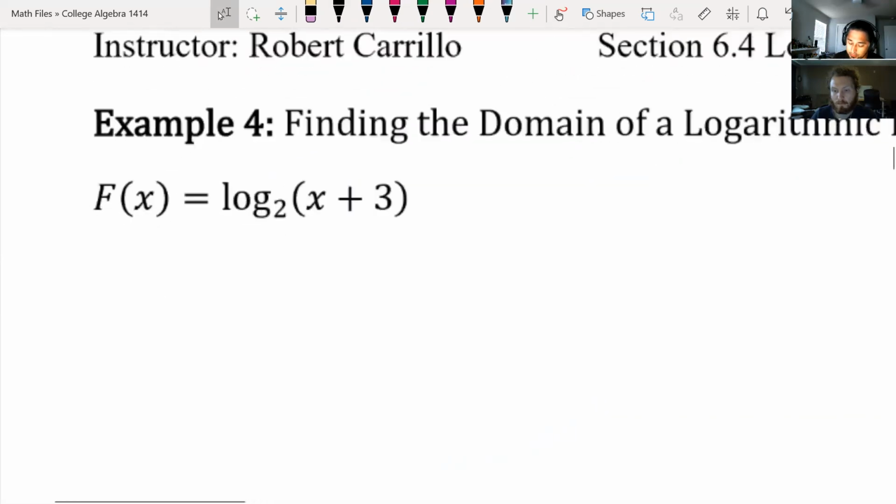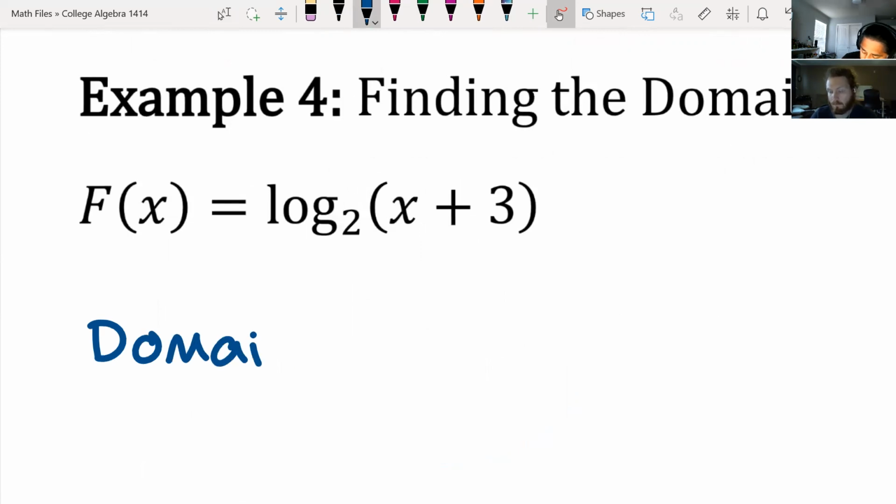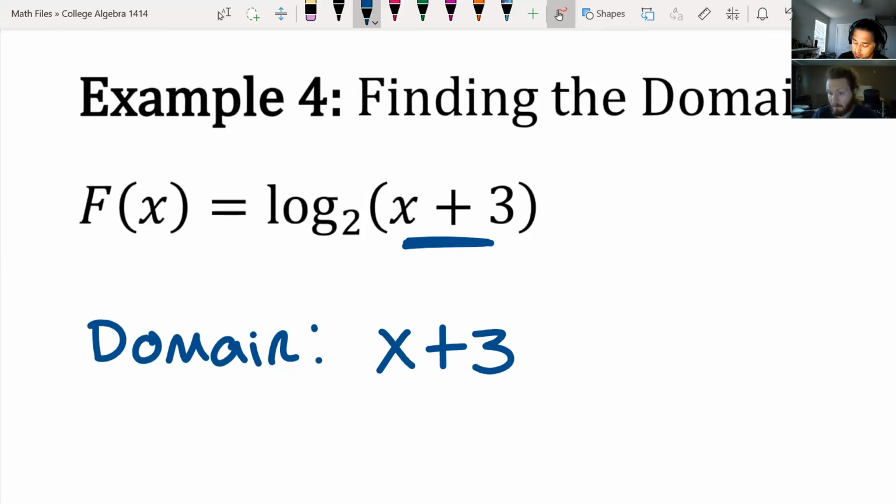So for number 4, you have f of x equals log base 2 of x plus 3. To find the domain of a logarithmic function, we take whatever's inside the log and set it greater than 0.